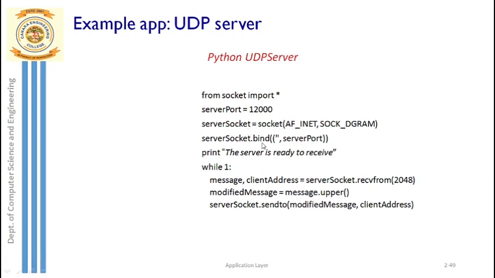So the bind function is the one which will assign the server port, whose value is stored as 12,000. You can say that the 12,000 value is bound to the newly created server socket. Remember, at the client side we have not done this binding. Why? I don't want any explicit assignment of a port number to the client socket.